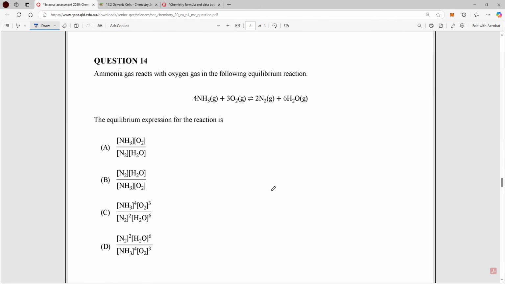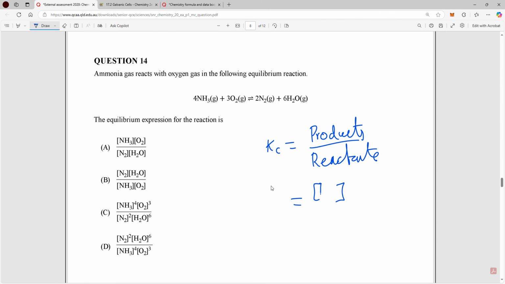But yeah. Question 14. Ammonia gas reacts with oxygen gas in the following equation. The equilibrium expression for the reaction is... So, remember, Kc is your products over your reactants, okay? Now, you put the concentrations in little brackets like this.